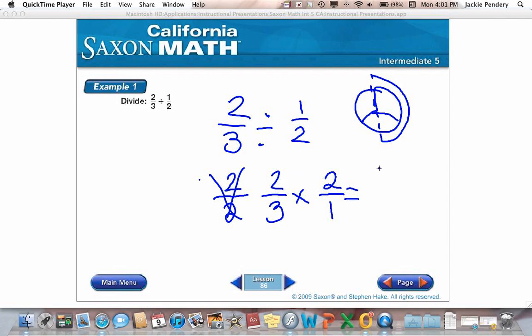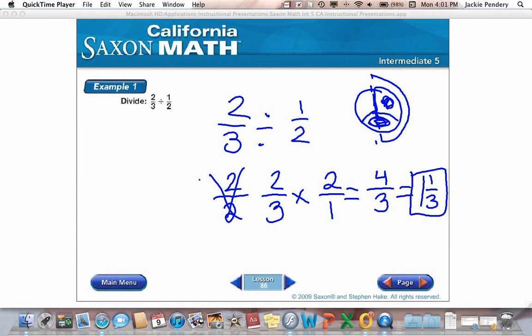2 times 2 equals 4. 3 times 1 equals 3. So my answer is 4/3, which I simplify to 1 and 1/3. There are 1 and 1/3 halves in 2/3.